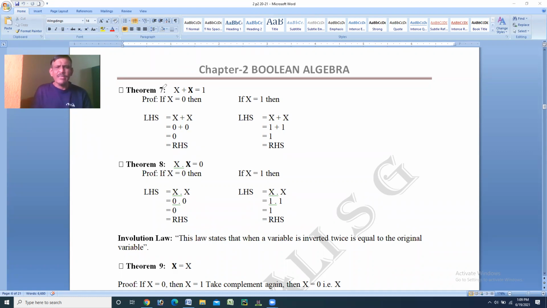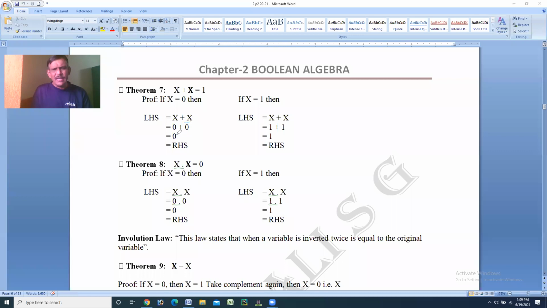Proof: if x equals 0, then LHS equals x plus x complement, that is equal to 0 plus 0 complement.